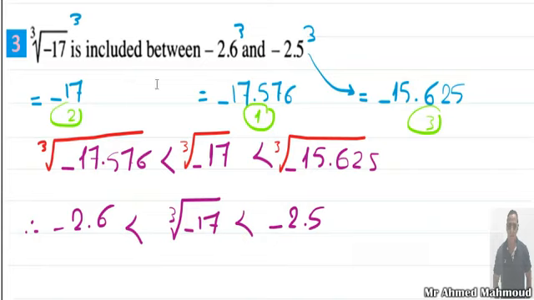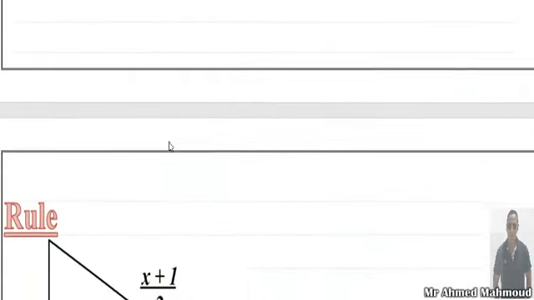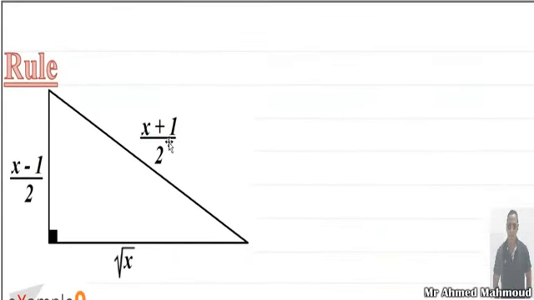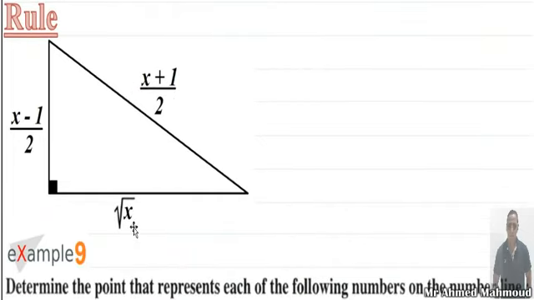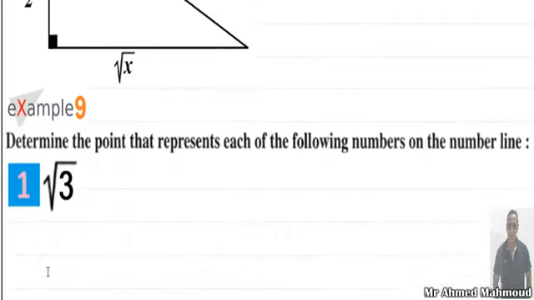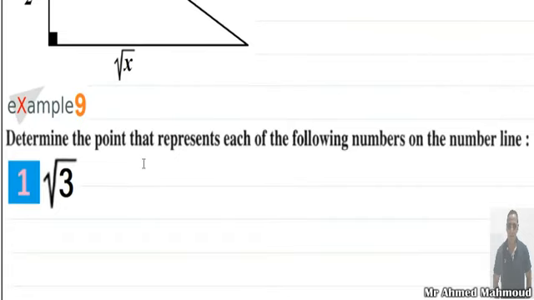Okay, let's solve the next one. Now if he asks me to represent any root on the number line, for example, determine the point that represents root 3 on the number line.